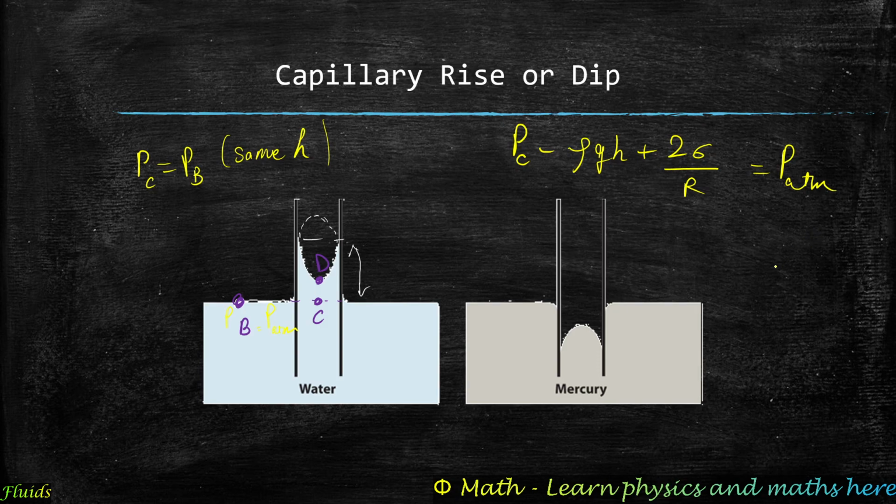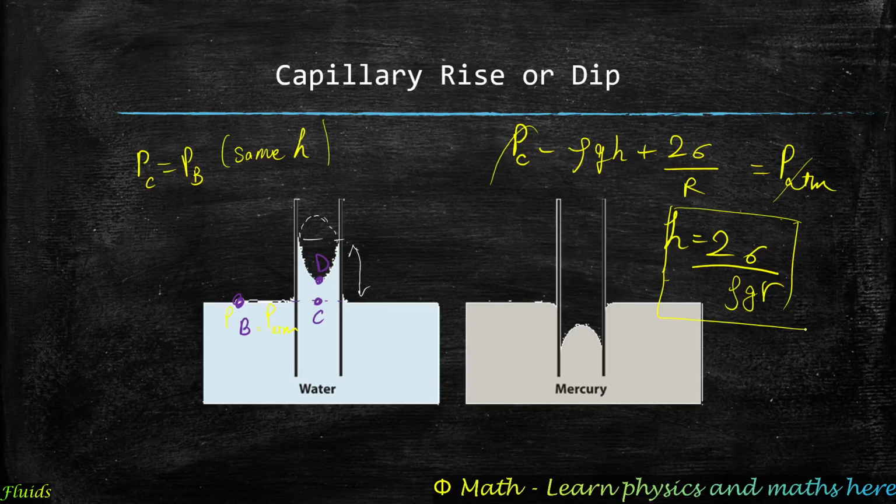Okay, so from here we can see that this P atm and this P atm will get cancelled, because P of C is equal to P atm, because P of C is equal to P of B. So from here we can see that height is equal to 2 sigma over rho g R, height or depth.